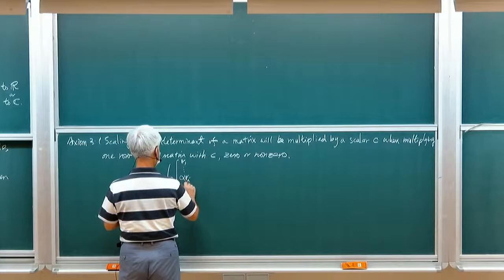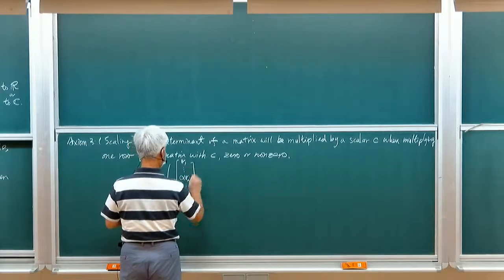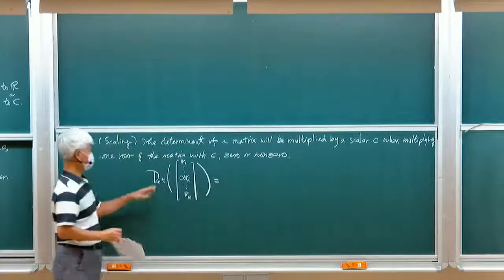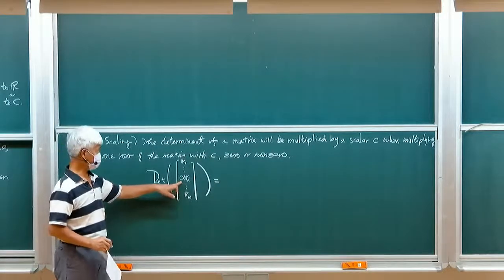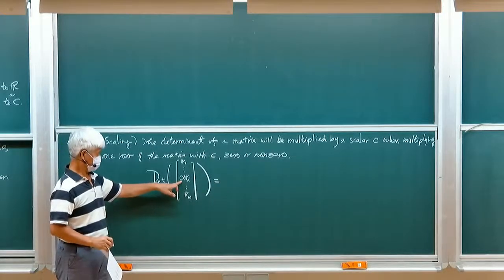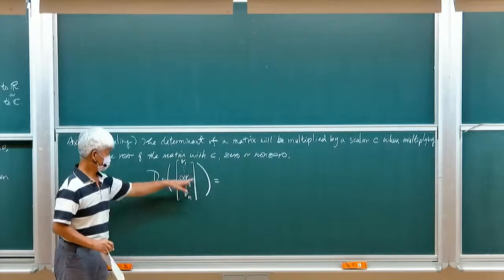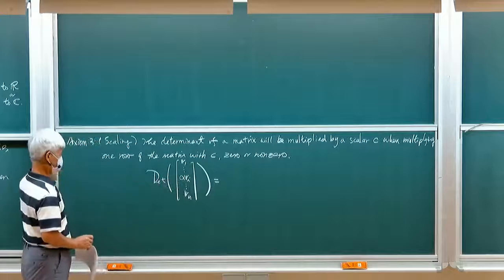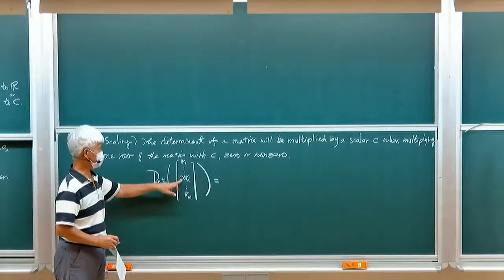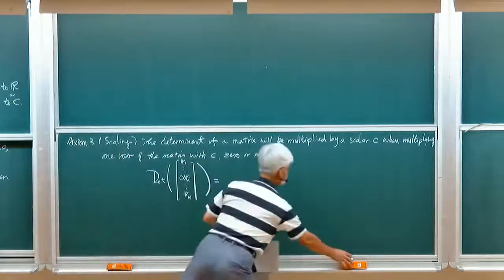So the determinant of this new matrix, because we have multiplied the ith row of the matrix A by a scalar alpha, C, I'm sorry.